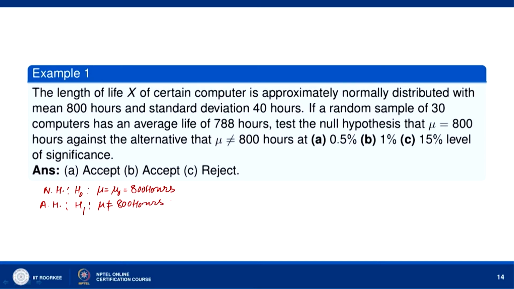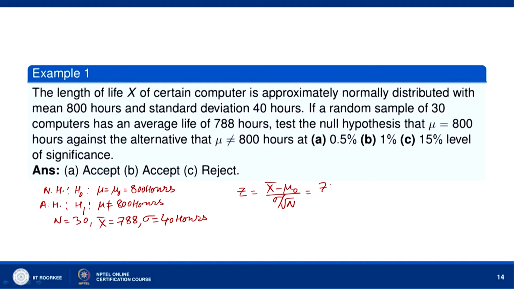Now, we are given n, the sample size, equal to 30. The random sample of 30 computers has an average of 788 hours, so x bar is equal to 788. We know x bar, we know mu naught, and we know sigma is equal to 40 hours. So let us calculate the value of z, which is x bar minus mu naught divided by sigma by root n.